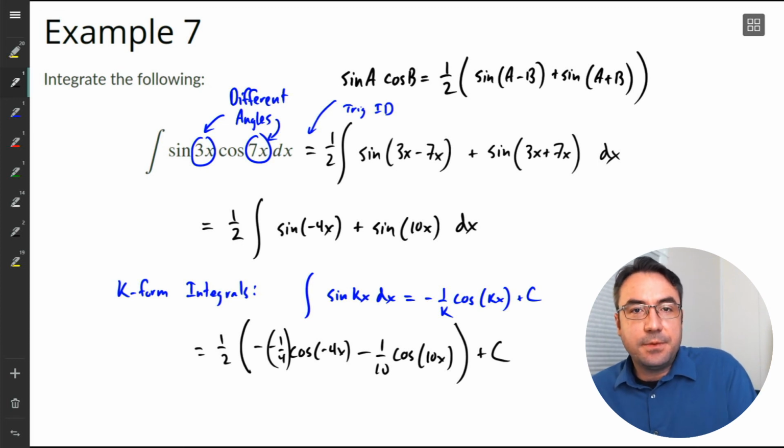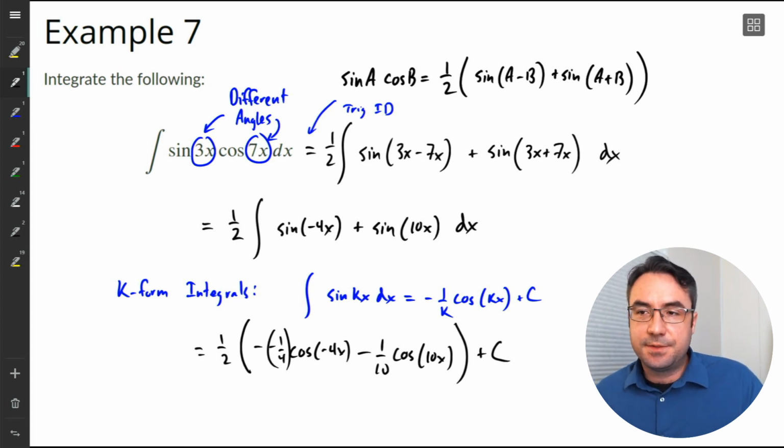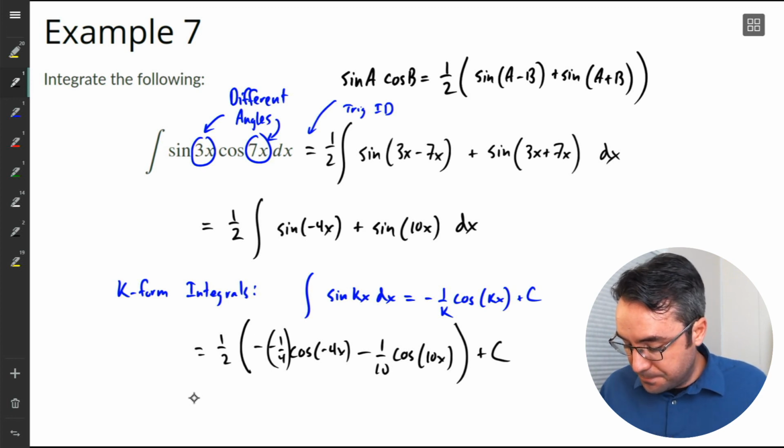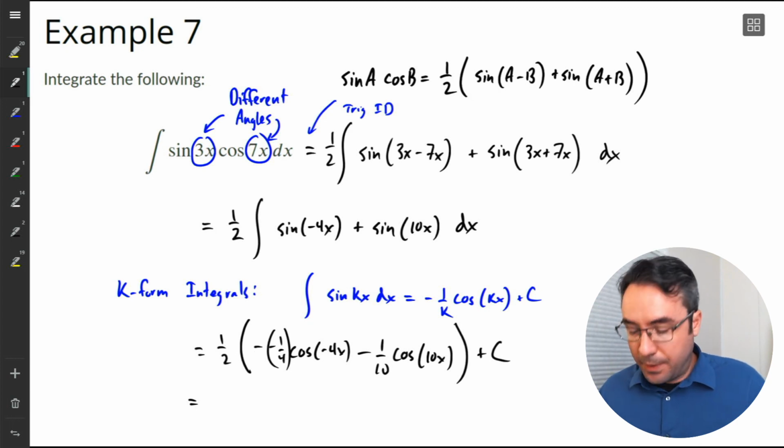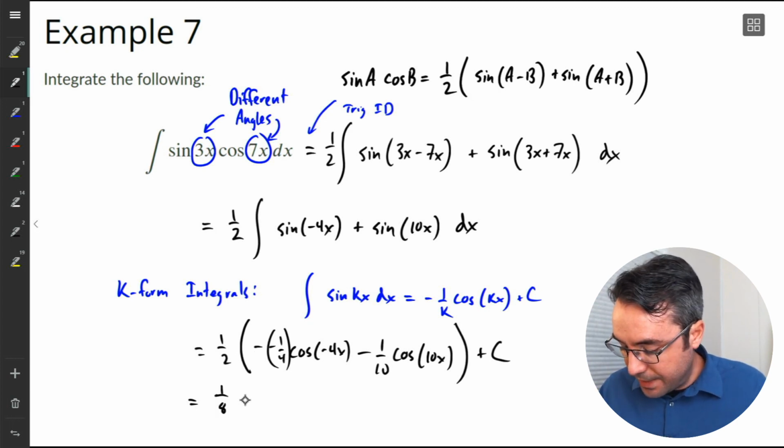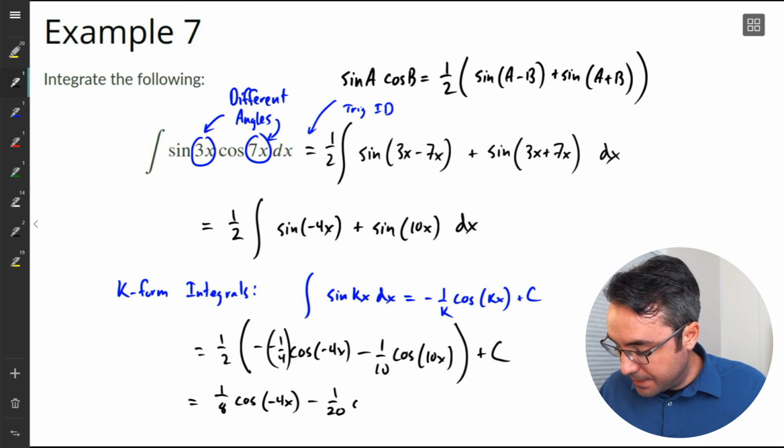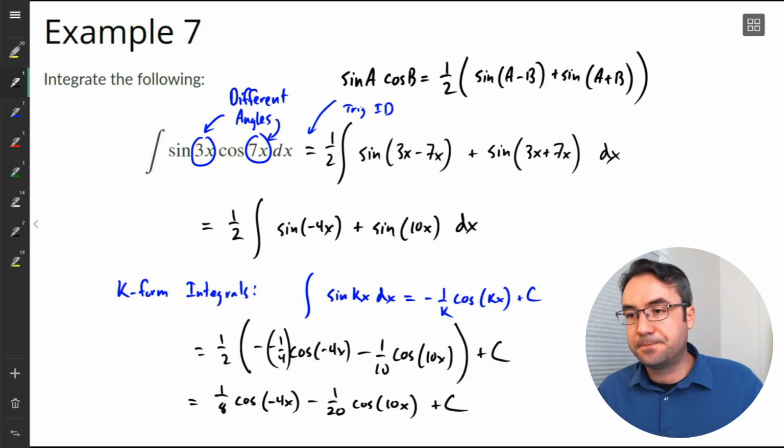Maybe the only thing we do is simplify this a little bit. The double negative here is going to become positive. We could distribute the 1/2 if we wanted to. So this will be positive 1/4. Let's distribute the 1/2. We end up with 1/8 times cosine of negative 4x, and then minus 1/20 times cosine of 10x plus c.